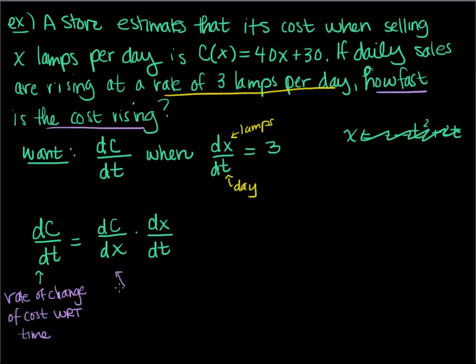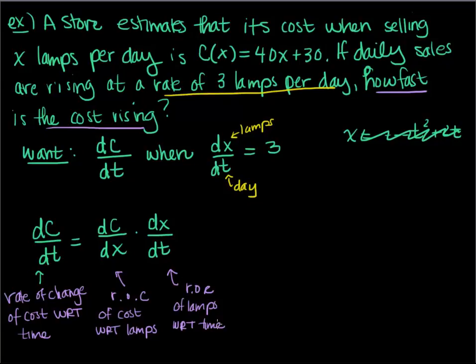This guy here is my rate of change of cost with respect to lamps, so this would be the cost per lamp sold. And this guy right here is the rate of change of lamps with respect to time. Okay, I hope that makes sense.